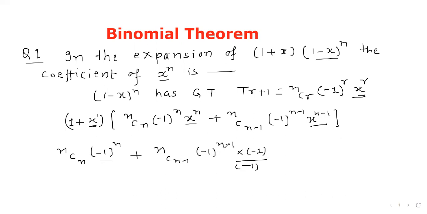So this will become (-1)^n, and hence we can take common. So we write it (-1)^n. Then we will be left with nCn. So nCn is 1, and here this minus sign will be used here. So minus nC(n-1), and that will give n. So this will be our answer, (-1)^n within bracket (1 - n).